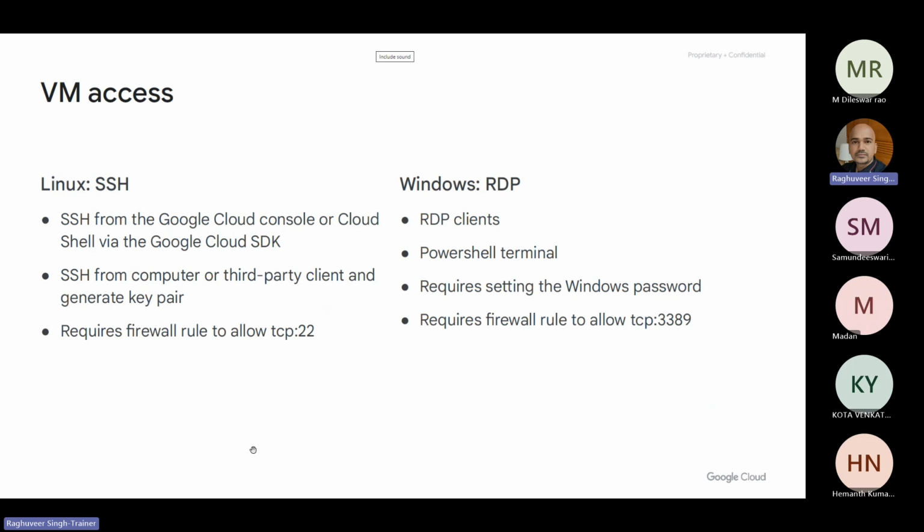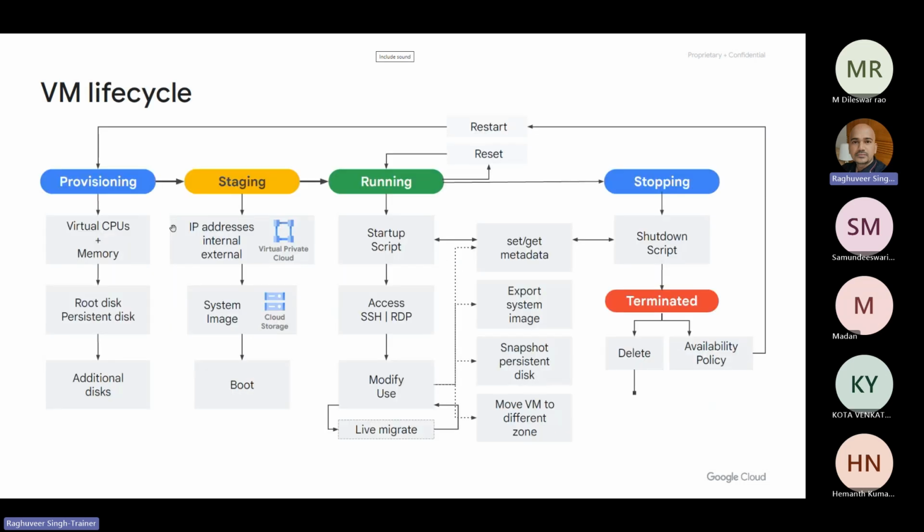We can also do Windows. If it is Windows, we can do RDP, which involves RDP clients. It uses a PowerShell terminal, which requires setting the Windows password. And you can enable the rule, which is 3389. That's what Windows is. So two methods. You don't have Mac here because they don't support Mac.